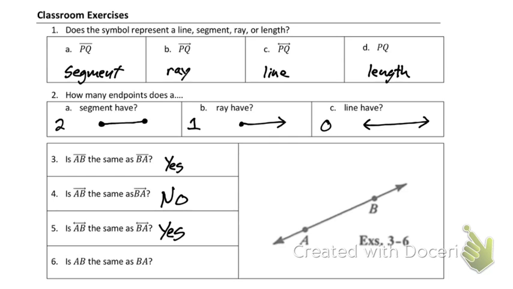No matter how I draw it, it's still going to go on forever in both directions. Is distance AB the same thing as distance BA? Yes. If I measure from me to you, and then from you to me, unless I'm terrible at measuring stuff, it better be the same distance. So that is yes. Once again, this is saying measure from here to here, and then measure from here to here is the same distance.